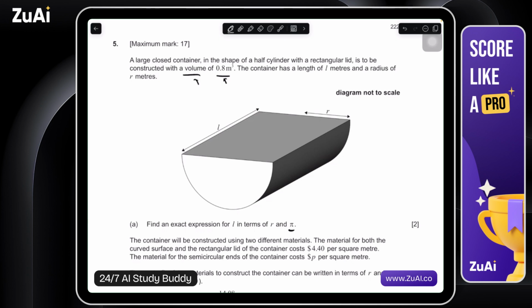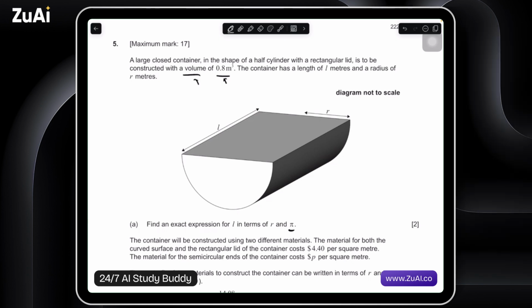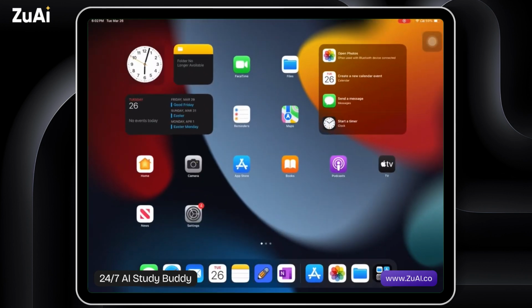So if we want to write in terms of R and pi, how could we write this out? We have a cylinder, but really only a half cylinder. So let's go into the formula booklet and find the formula for the volume of a cylinder.